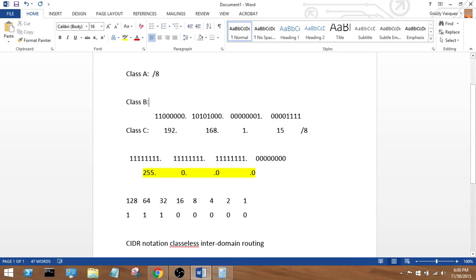Class B is called a /16 network. Okay, and then there's everything in between, but for the classes, it's class A, class B, and class C. So the subnet mask for class B is 255.255.0.0. All right, and it's a /16 network.